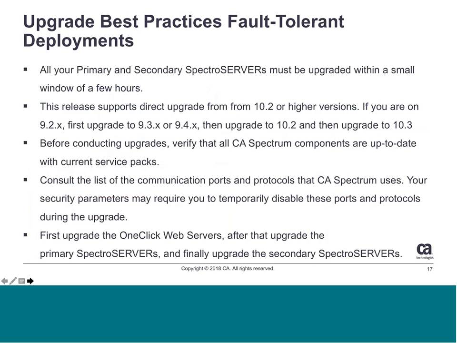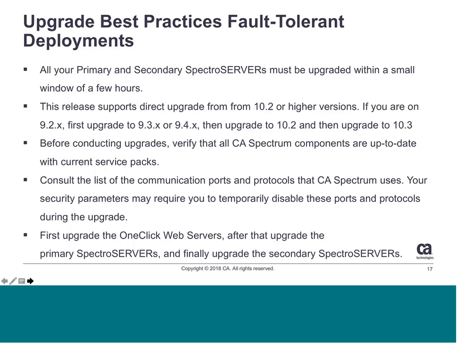Now, before conducting upgrades, it's important that you verify that all components are up to date with the current service packs. It's also important to consult the list of ports and protocols that Spectrum is using, because at times your security parameters may actually require you to temporarily disable these ports and protocols.